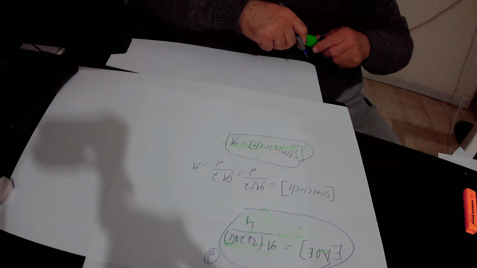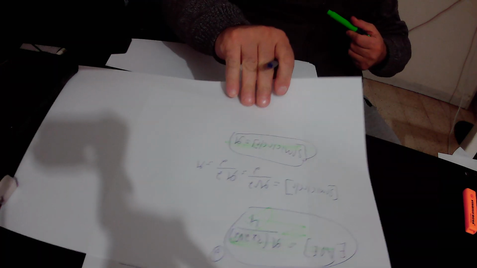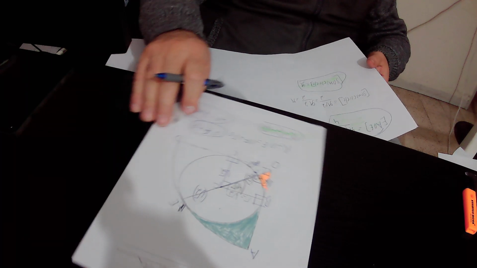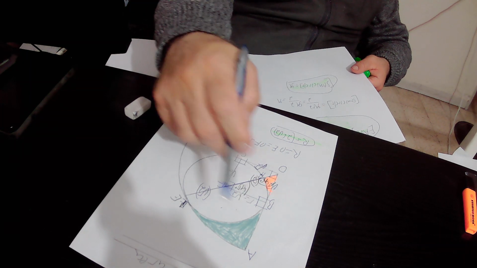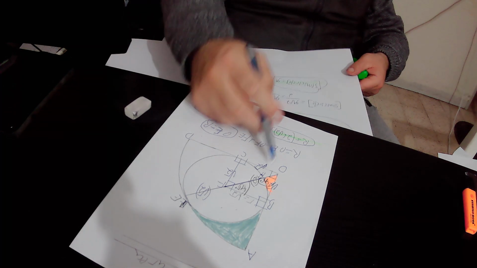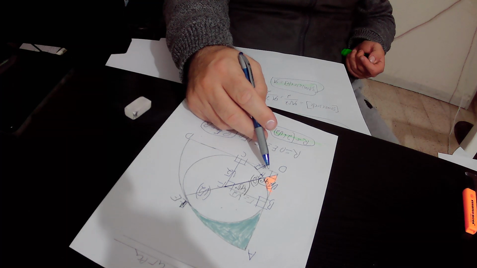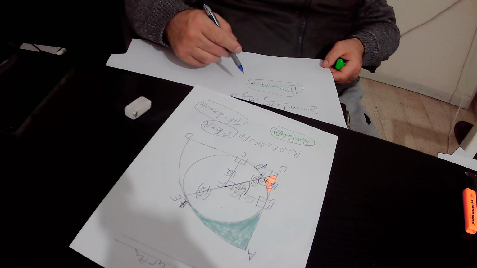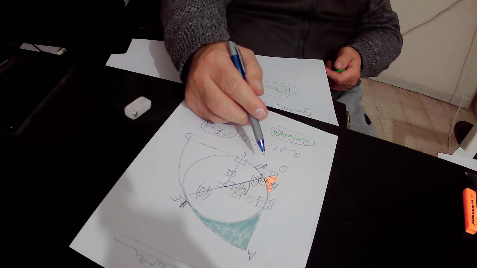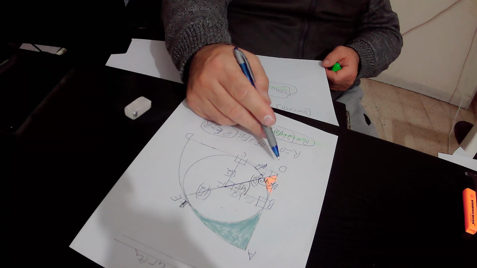The only thing that is left to find, in order to find the area of this shape ABE, is the area of this orange small shape. What is the area of the orange small shape? That is actually shape BHO.